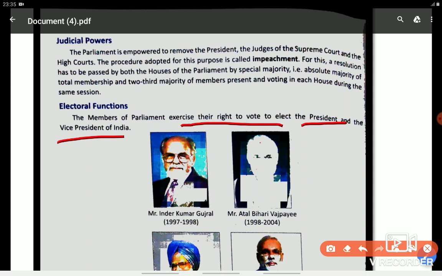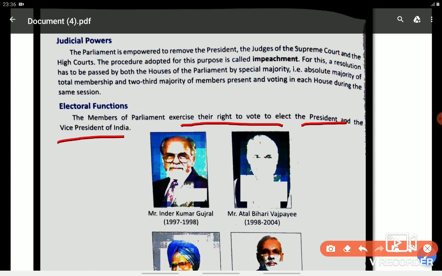But in brief, I want to discuss that the President and Vice President of India are elected by an electoral college. The President of India is indirectly elected by an electoral college consisting of all the elected members of Lok Sabha, Rajya Sabha, and legislative assemblies of all the states.